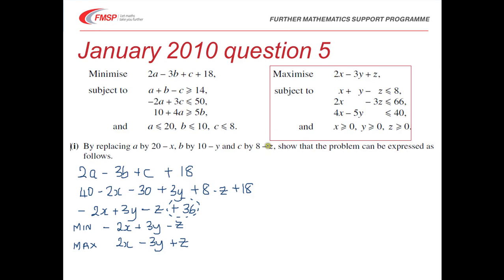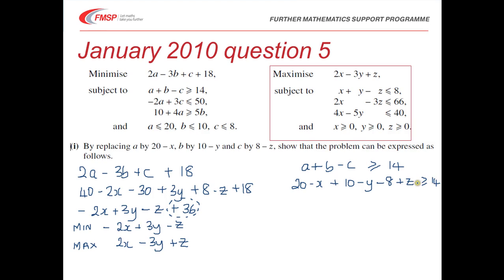I'm then going to take the first of the constraints, which is a plus b minus c is greater than or equal to 14, and again substitute in. So I would get 20 minus x plus 10 minus y minus c will be minus 8 plus z is greater than or equal to 14.